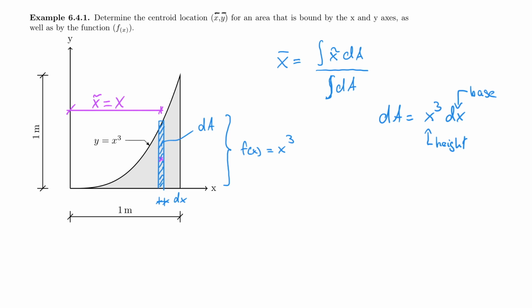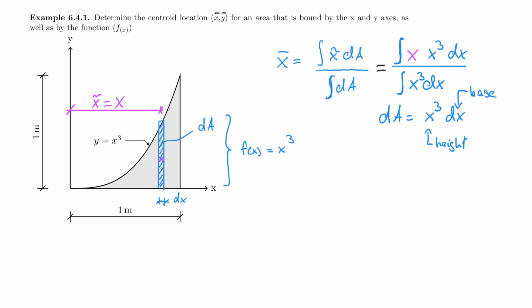This is true no matter where my area element is. And therefore I can now say that my equation up here is equal to x multiplied by x to the 3 times dx, and of course the whole thing integrated. And last but not least, I need to find the entire area, and that's just the integral of x cubed dx.